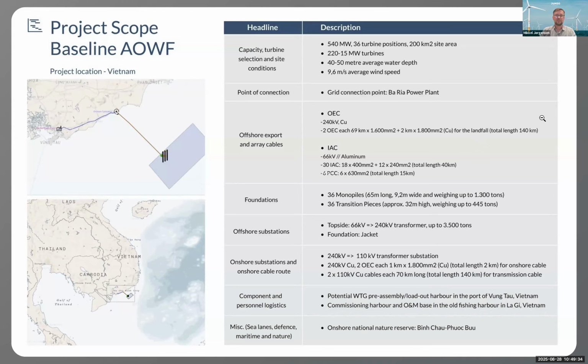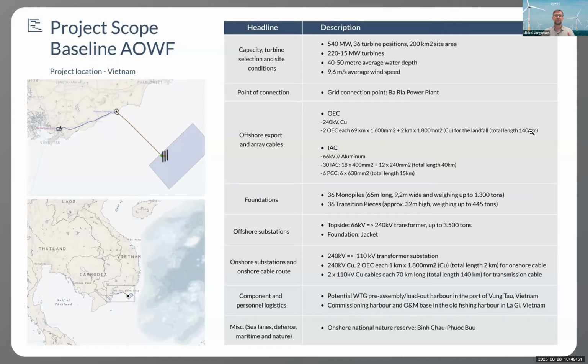It's the project scope baseline that you see. This is an example of a project scope baseline for this Atlantis offshore wind farm, which is the wind farm that we use to illustrate all the examples throughout the education here.